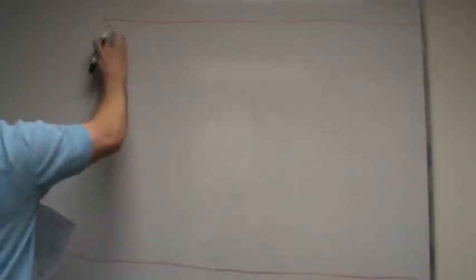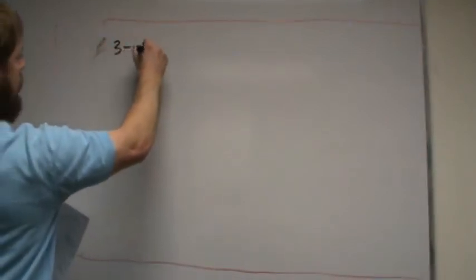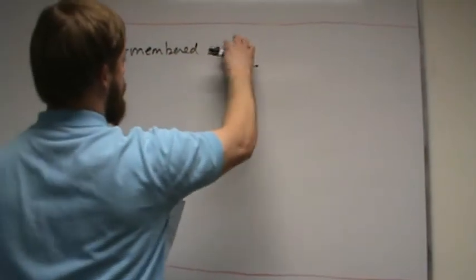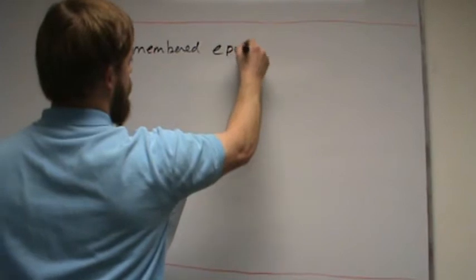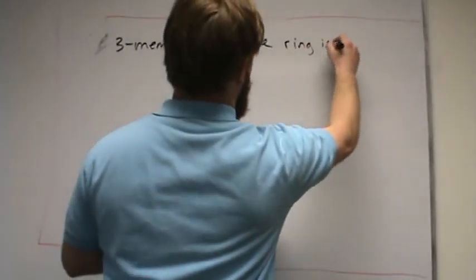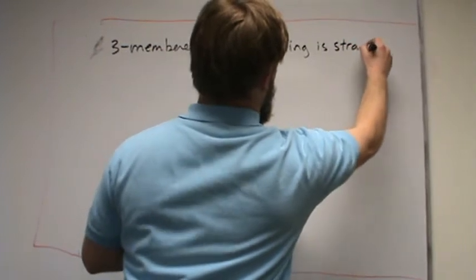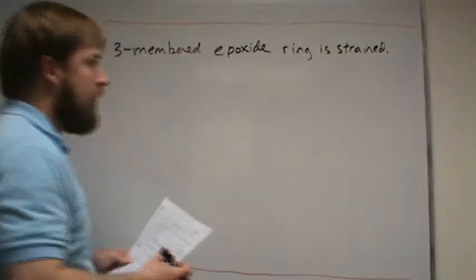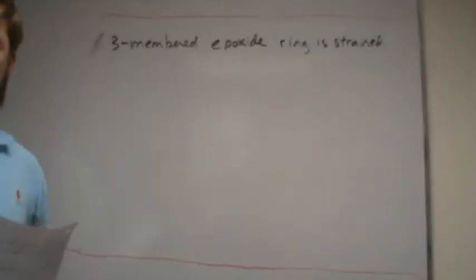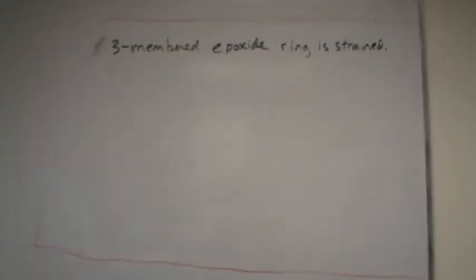So the reason why epoxides are more reactive than ethers is that the three-membered epoxide ring is strained. If something can react with it to open up the ring and release the strain, it will.